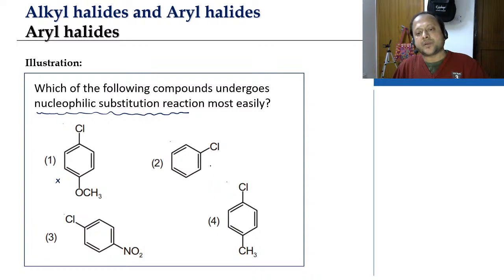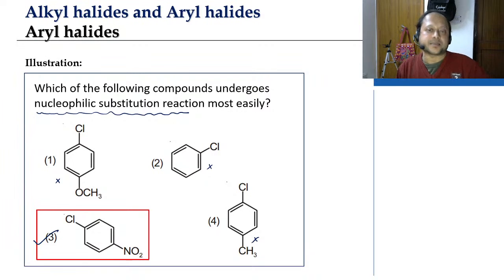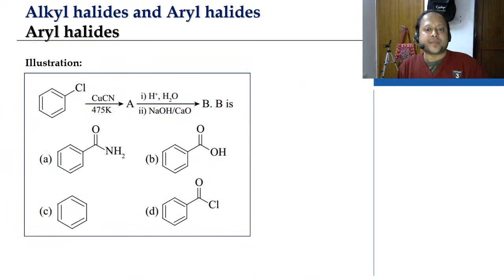It never happens easily with halobenzene. It is also an electron donating group. So what we are left with is the third option, because it has got an electron withdrawing group at the para position. So that's your answer, right? Okay, next one.